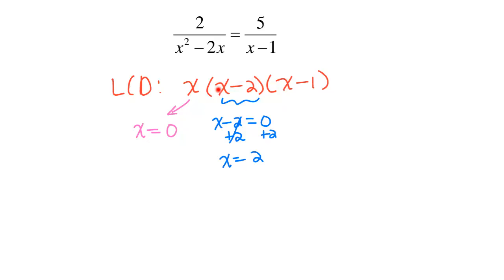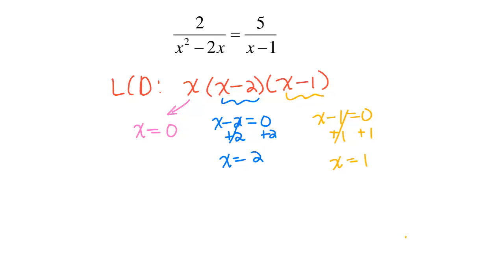Basically, I'm just switching the sign for those. X minus 2 is going to become a positive 2. And then for this last one, x minus 1 equals 0. I'm going to add 1. That'll give me x equals positive 1. So again, minus 1 is going to switch to positive 1. I'm just figuring out when would each piece equal 0.